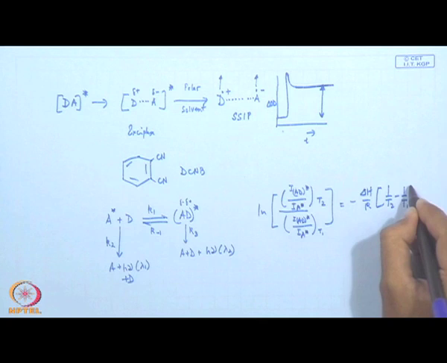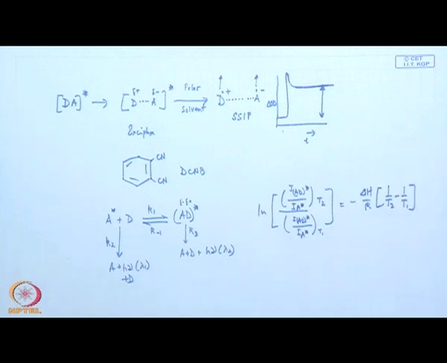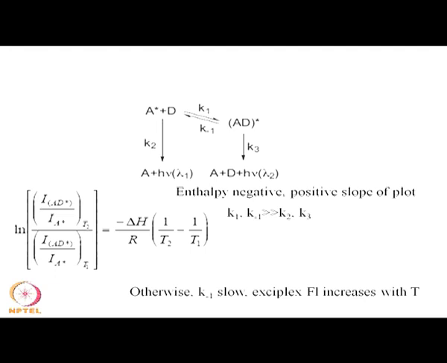It is a Van 't Hoff relation, and when K1 and K minus 1 are very much greater than K2 and K3, that is a rapid equilibrium between these two states, then you can expect that this Van 't Hoff kind of relation will hold.